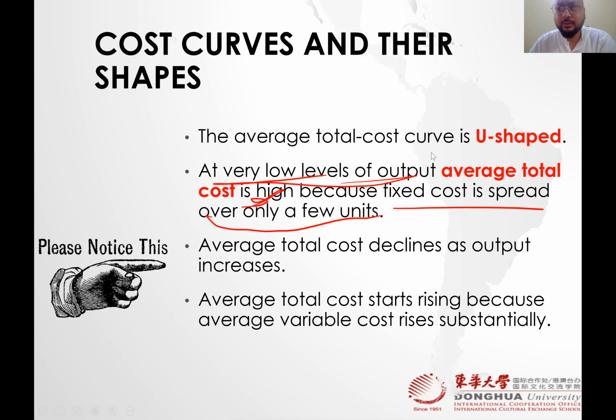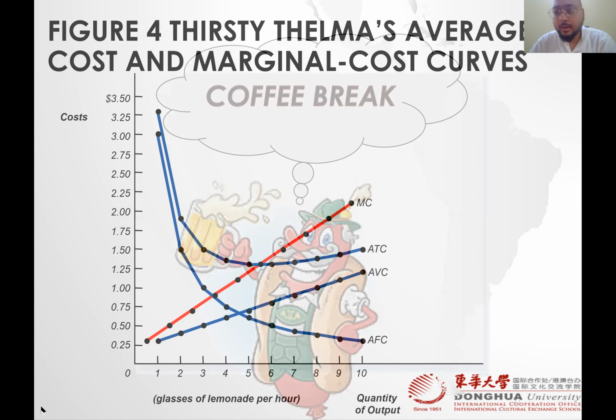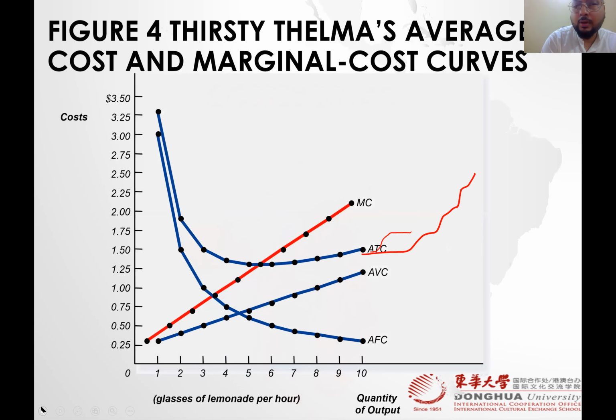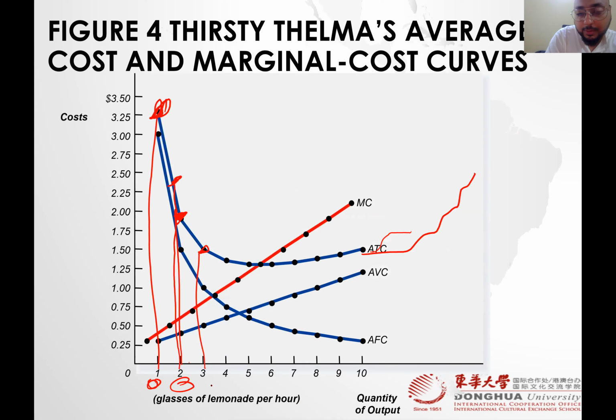So what is the reason we are having average total cost highest at 2, at 1, at low levels of output? Here our average total cost, which is this curve, is highest, right? What is the reason?